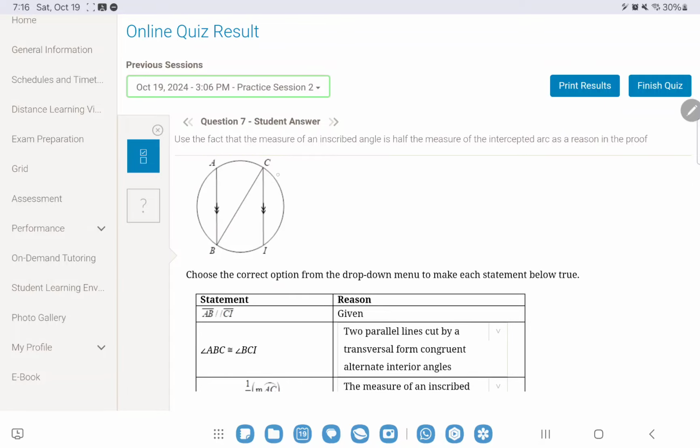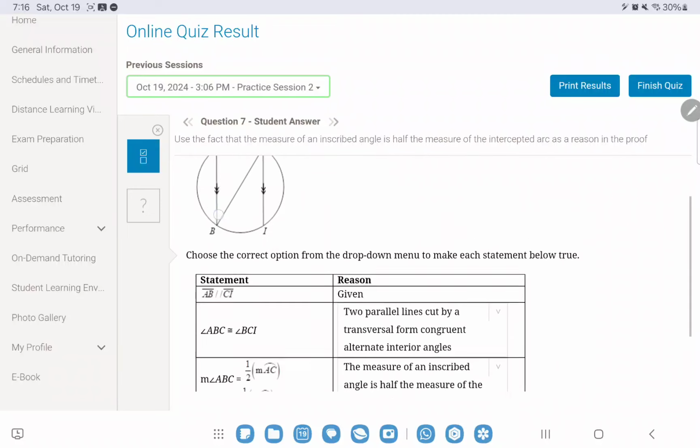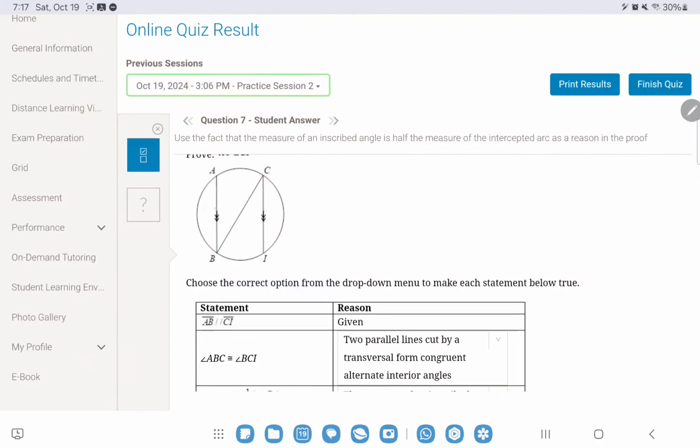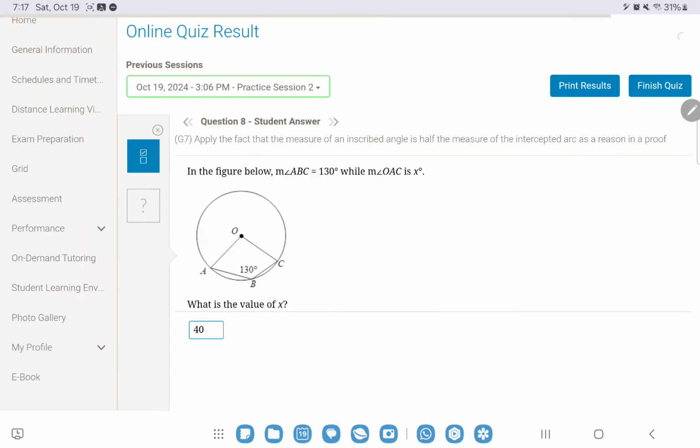So ABC is half of AC, and BCI is half of BI. These are the only two they wanted. Then you substitute, then multiply, and you can read this in case they bring it for the written. Just memorize it, I can't really explain much in this.